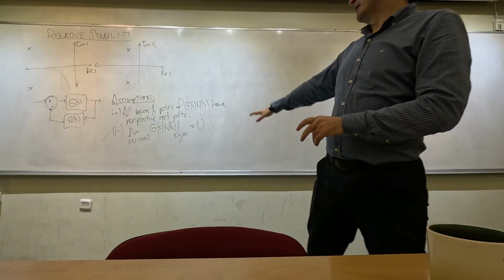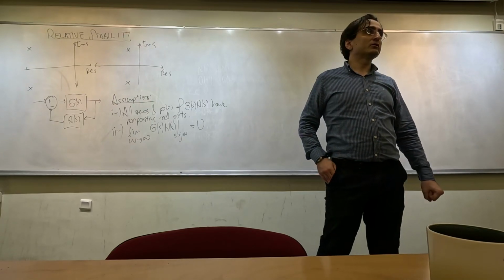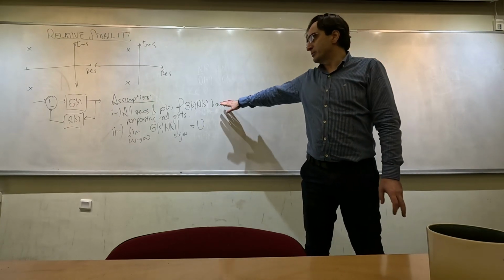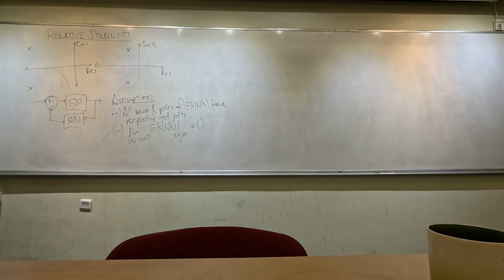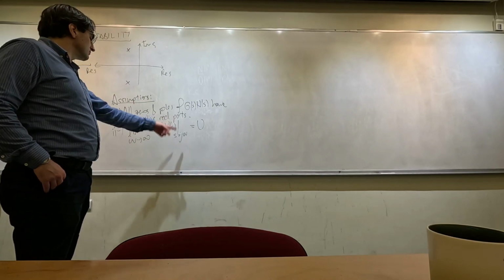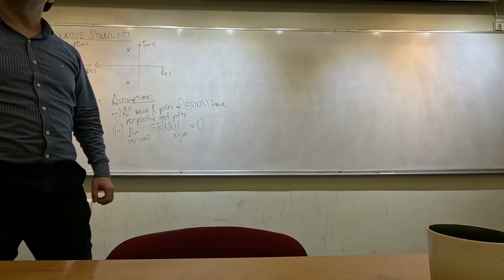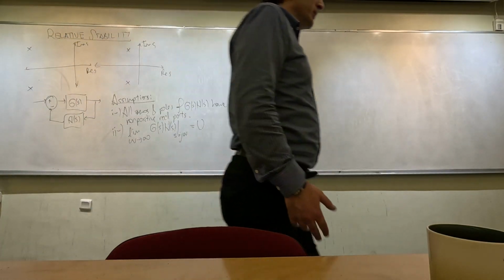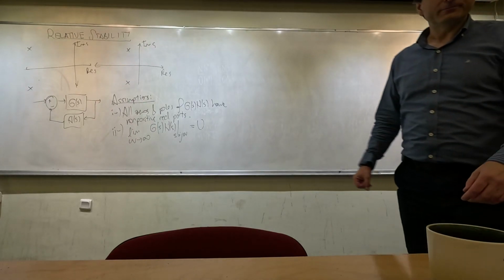This type of assumption would ensure that when we give a sinusoid to the system, not all sinusoids, but for some sinusoids, the response of the open loop system is going to be finite, and this is a physical system restriction somehow. All physical systems would behave like low pass filters. When you increase the frequency, the system would always attenuate high frequencies.